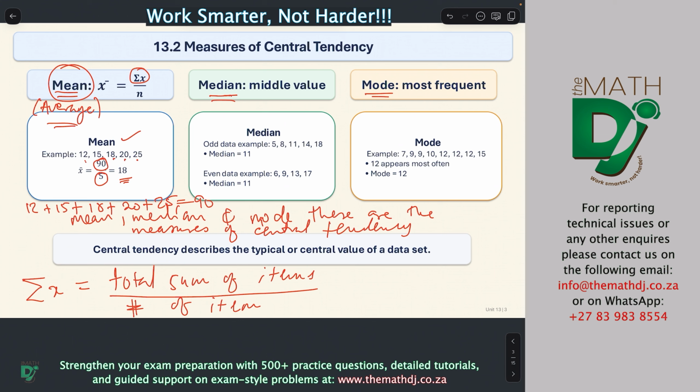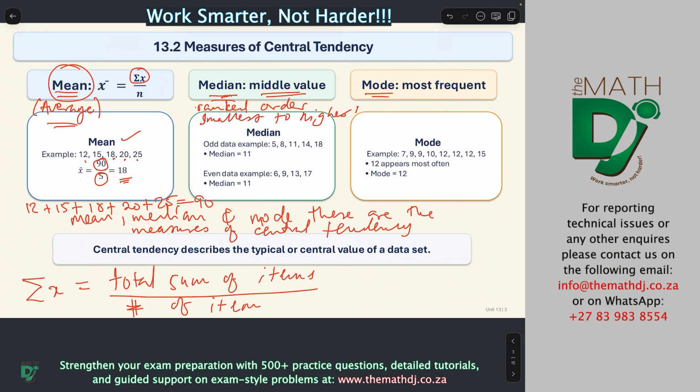Then the median, you can call it the middle number. It's the middle number when you have arranged them in ranked order, which means from the smallest to the highest, or the highest to the smallest. Normally you say smallest to highest.